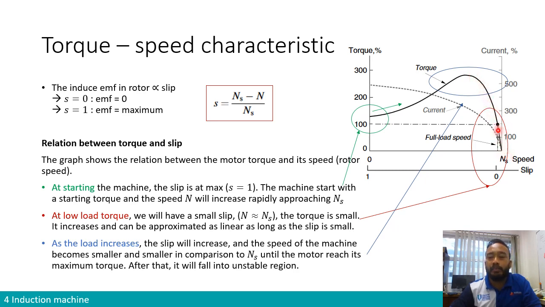We know that the torque is going to be 0 if you have 0 slip. So 0 slip means the rotational speed of the rotor equals the synchronous speed.